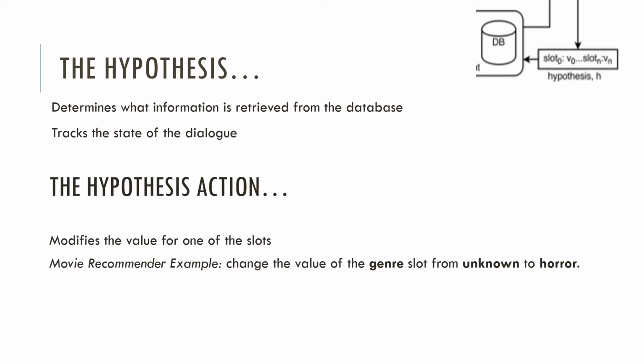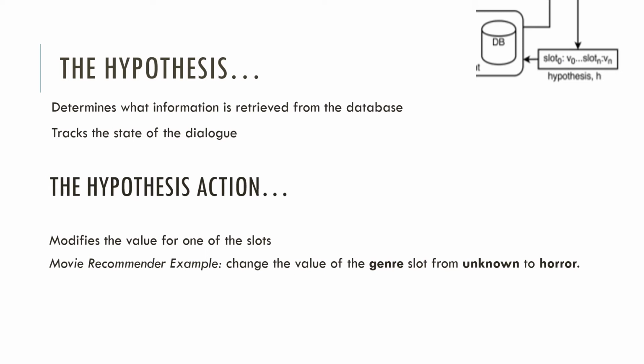So the hypothesis, as we briefly touched upon, determines what information is retrieved from the database. So we could see that a hypothesis will be composed of n slots up here, and these n slots could take on different values.